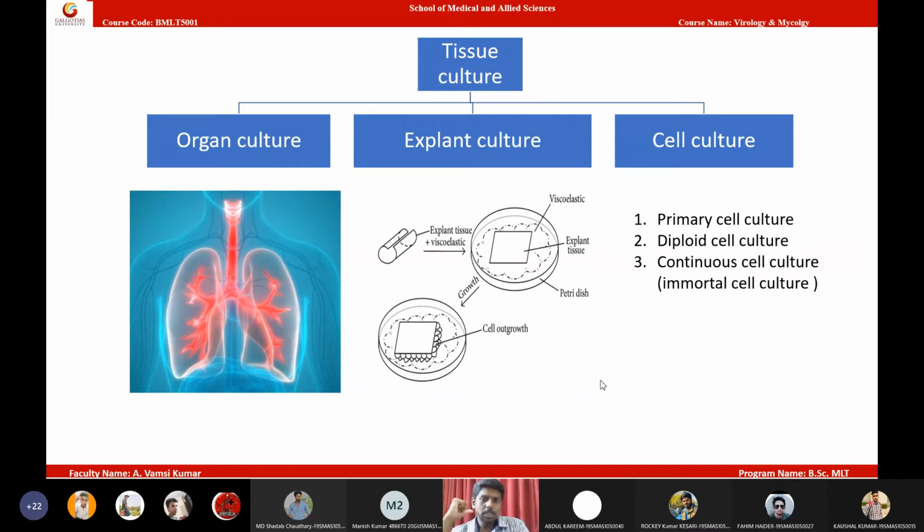I said organ cultures. For organ cultures, we need a piece of organ from real humans. For this purpose, rather than taking organs from adults, we can take these organs from aborted babies. Sometimes some pregnant women may undergo abortion, and the undeveloped babies will be aborted. The fetus has died within the womb, but the fetus still has proper nutrition supply.